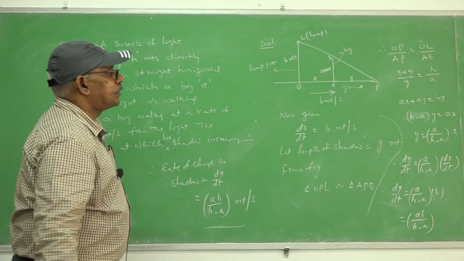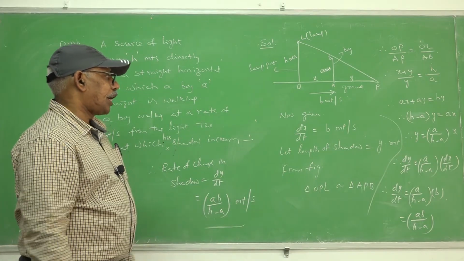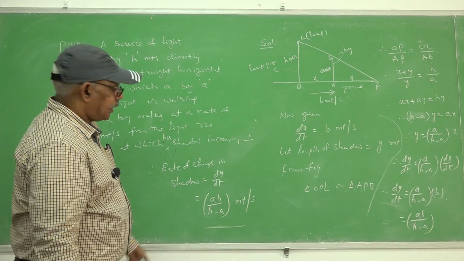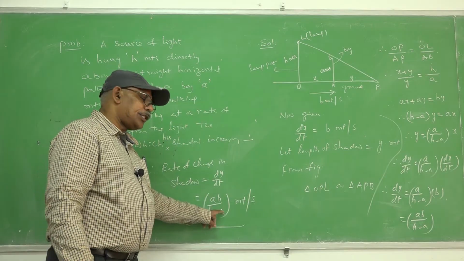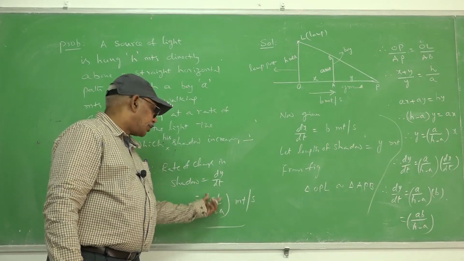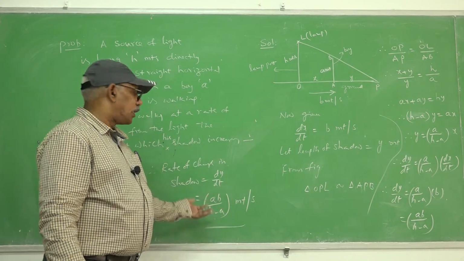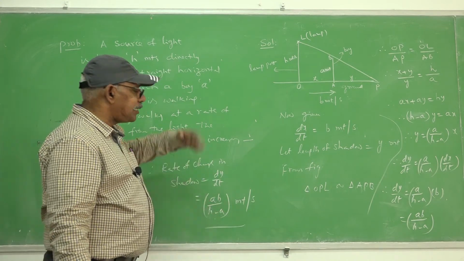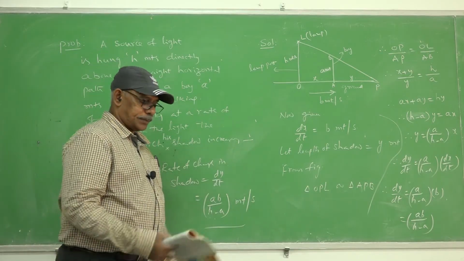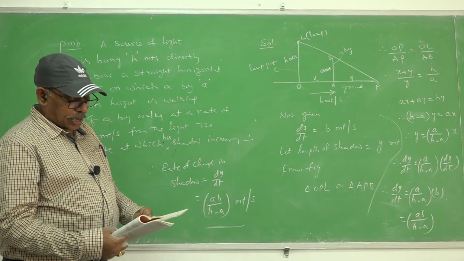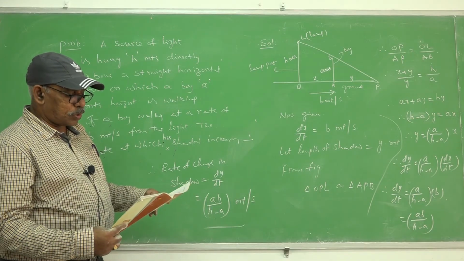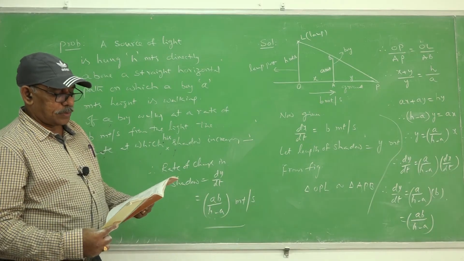The rate of change in the shadow of the boy on the ground is ab by (H minus a). H is more than a, so H minus a is positive, and a and b are positive. So the whole expression is positive. Once dy by dt is positive, the shadow is clearly increasing. So that is the concept. This is a shadow problem, a very important problem, both for the board exam as well as for the objective test.